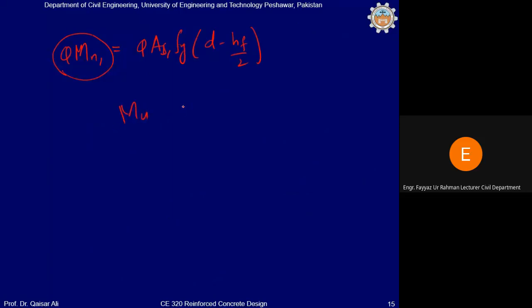Now the capacity provided by the area 1 is phi Mn1. Okay, so from this you can calculate the capacity provided by area 2. It will be equal to how much? Mu minus phi Mn1. इस तरह है कि नहीं?